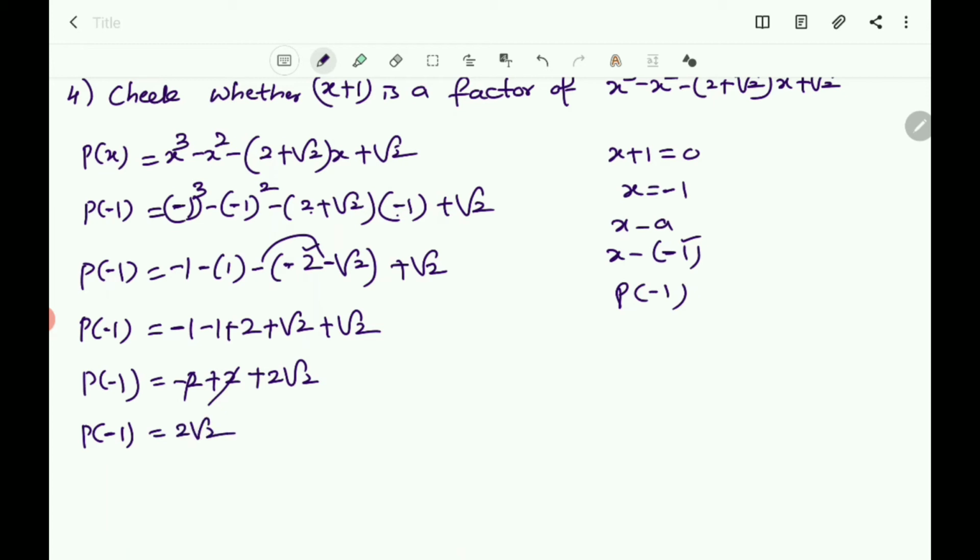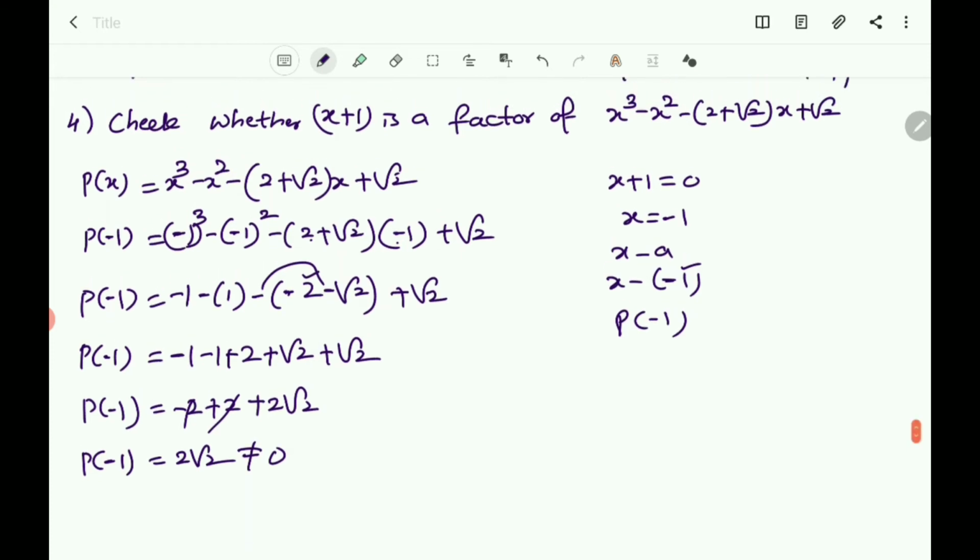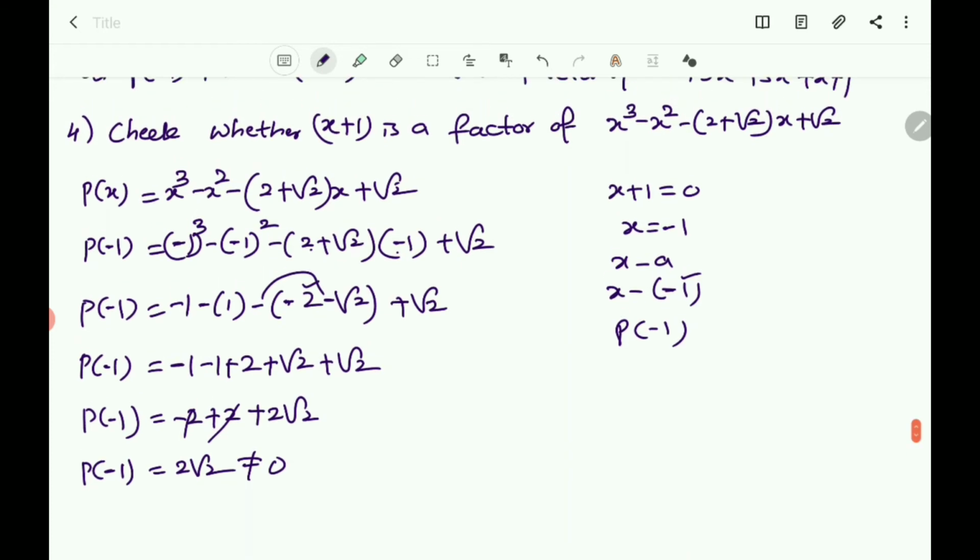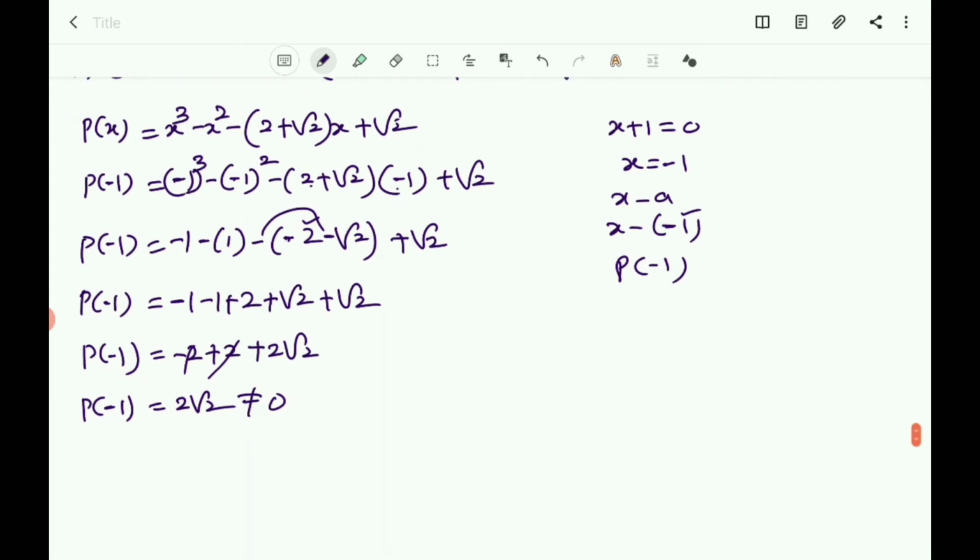P of minus 1 is equal to 2 root 2, which is not equal to 0. So here what can you conclude? x plus 1 is not a factor of x cube minus x square minus of 2 plus root 2x plus root 2, right?